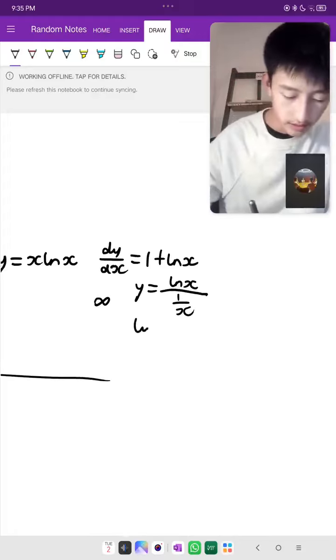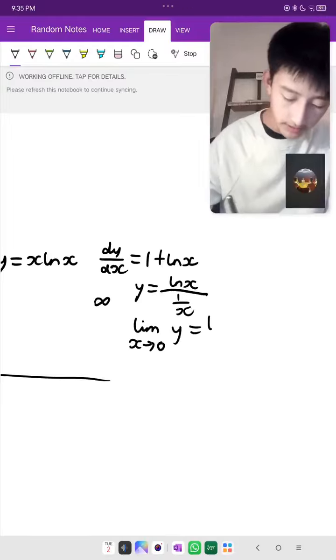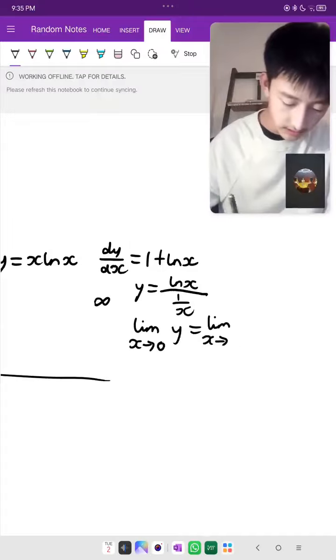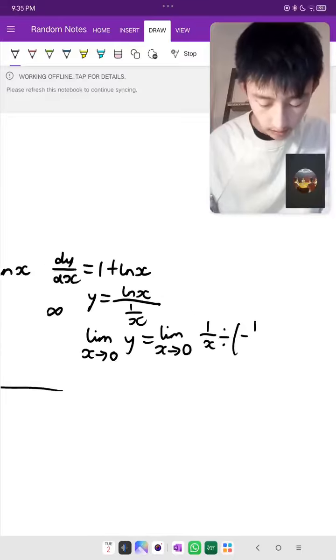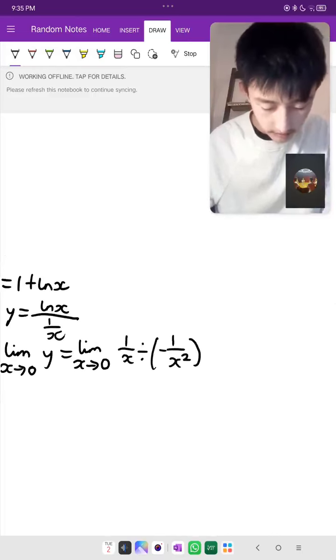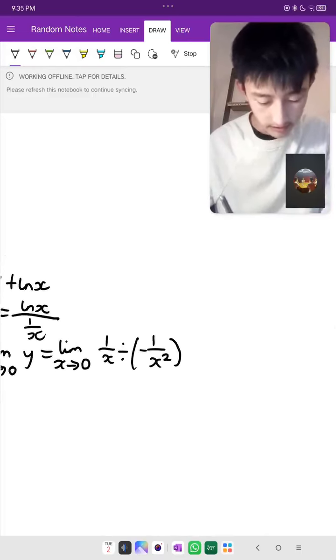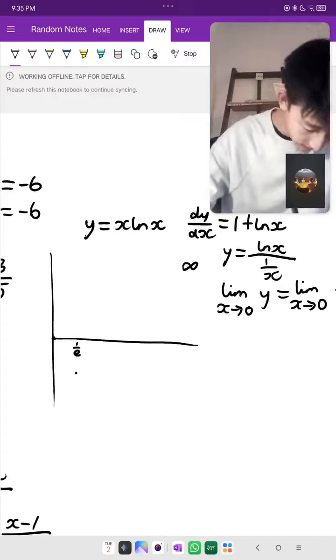So the limit as x tends to 0 of y is the limit as x tends to 0 of 1 over x divided by minus 1 over x squared. So this is just going to be minus x. So the limit is going to be 0 as x tends to 0.